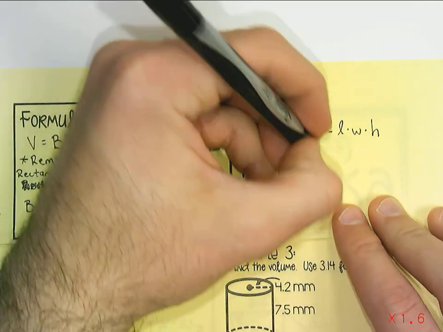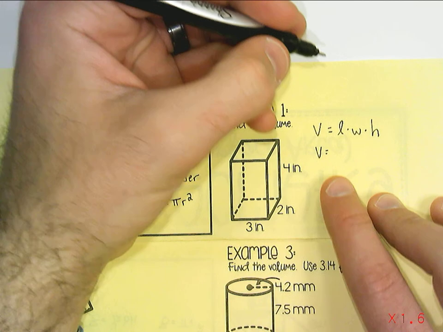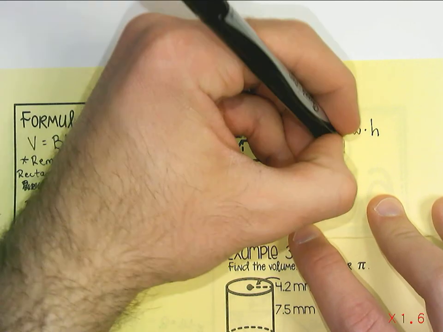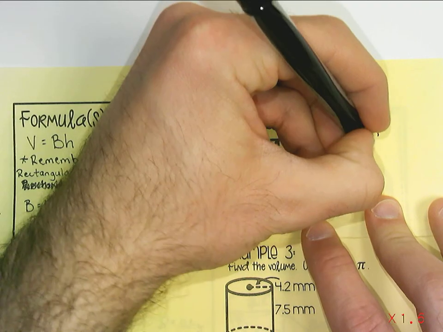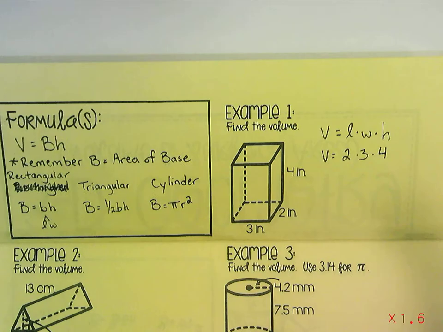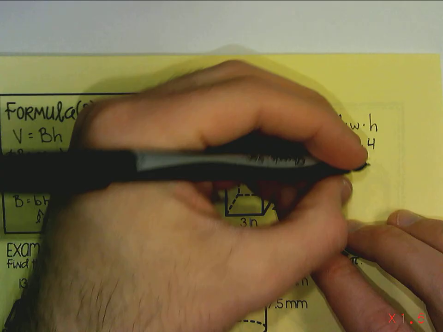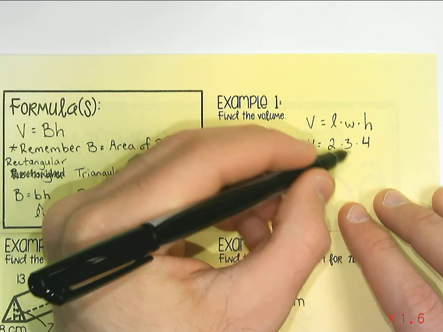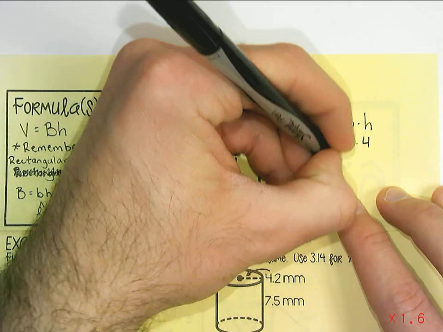And then we fill in: length would be 2, width is 3, and height is 4. However these are arranged is not that big of a deal because you're multiplying all of them. Multiplication is commutative, so it works either way. So volume equals 2 times 3 is 6, 6 times 4 is 24.